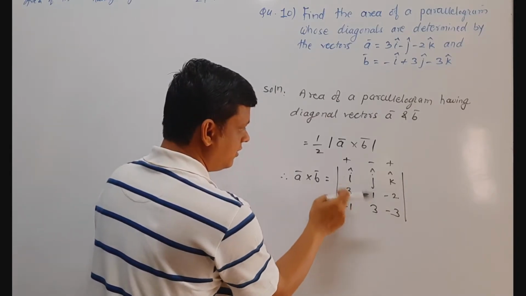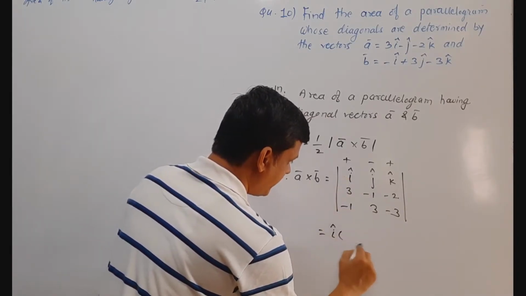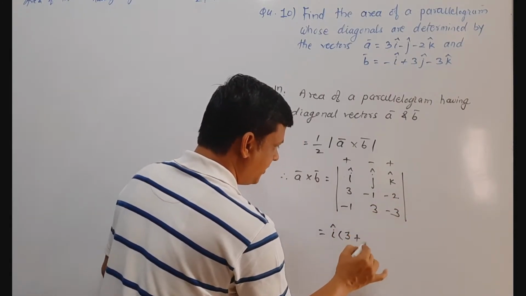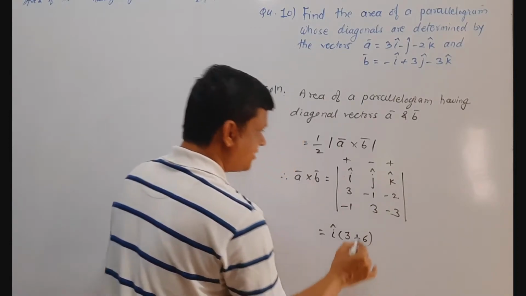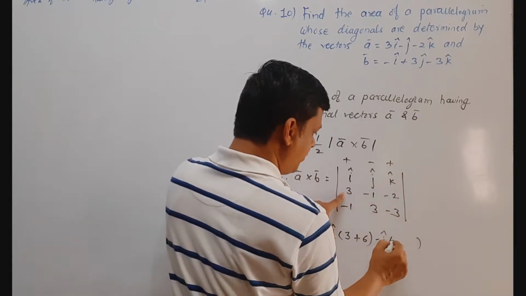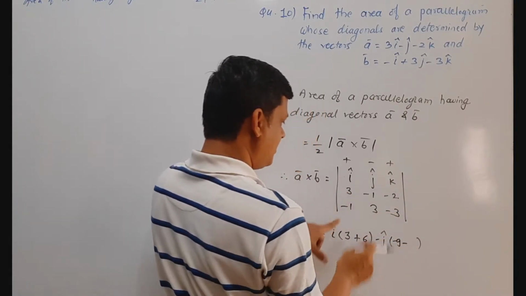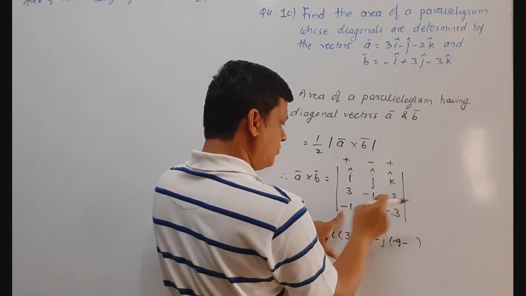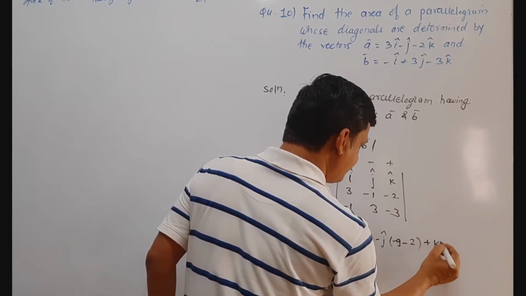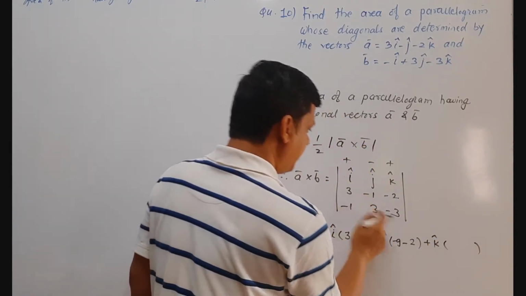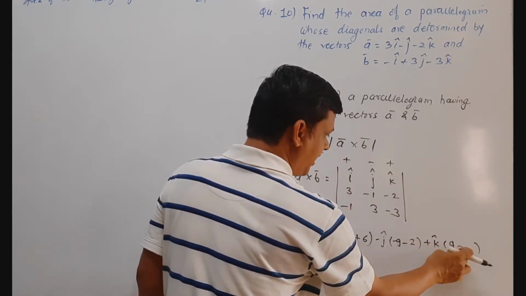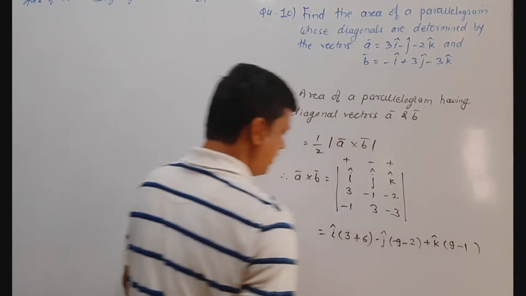So we get i into minus 1 into minus 3, that is plus 3, minus 2 into 3 we get 6, minus j in bracket 3 into minus 3 we get minus 9, minus, minus 1 into 2 is 2, then plus k into 3 into 3 is 9, minus 1 into minus 1 is 1.